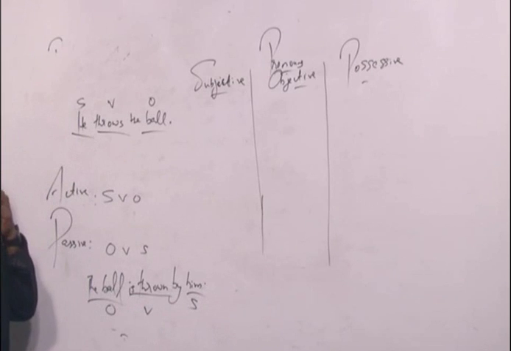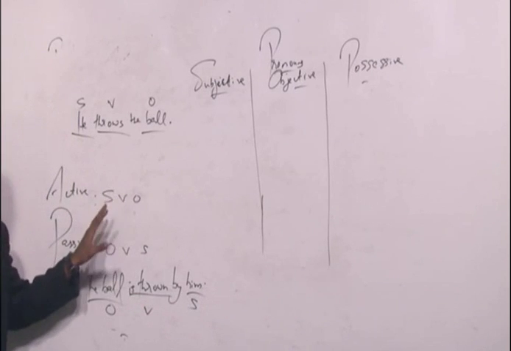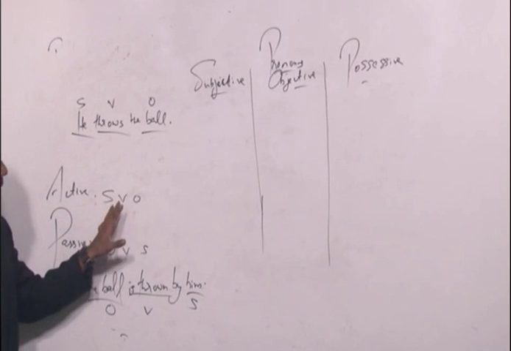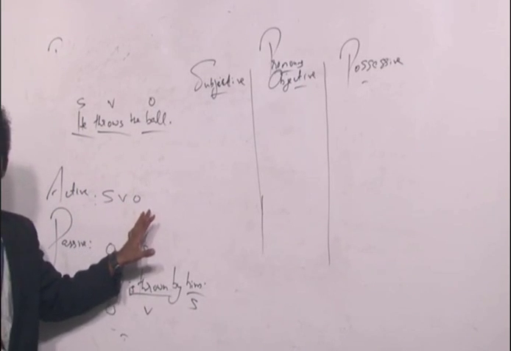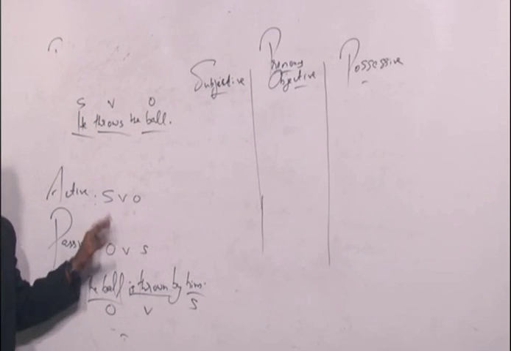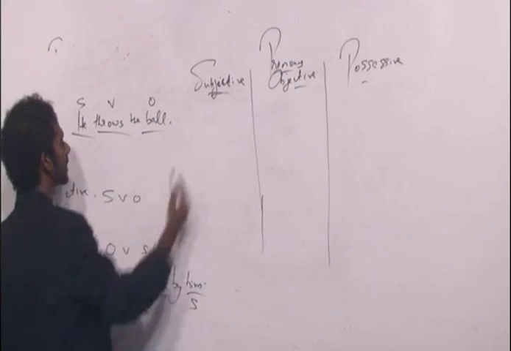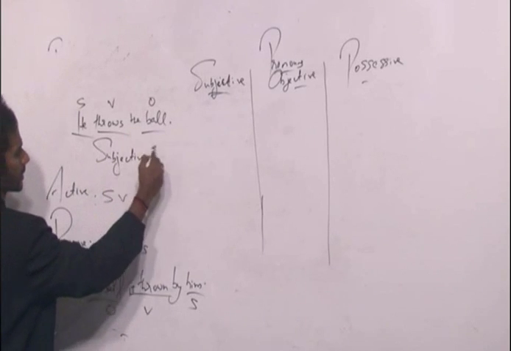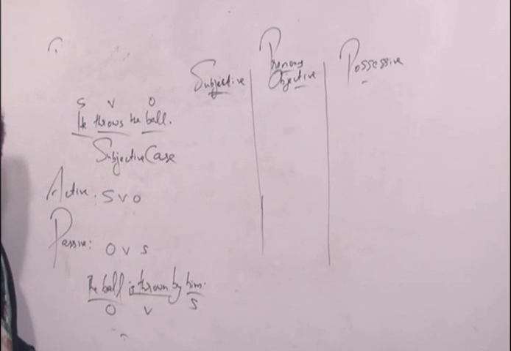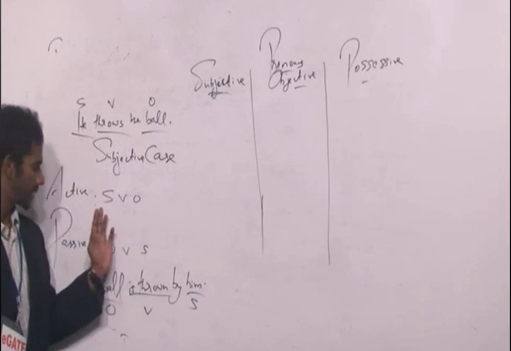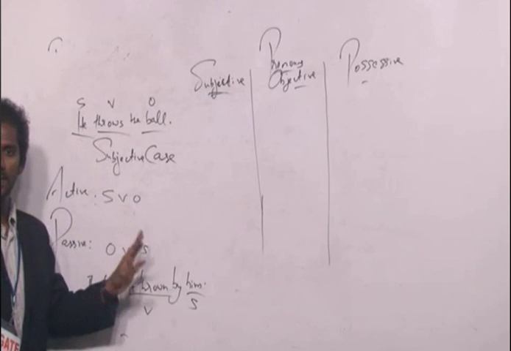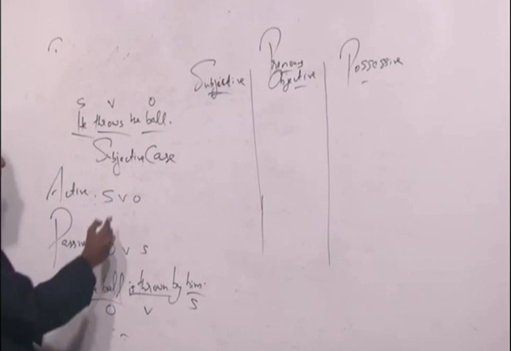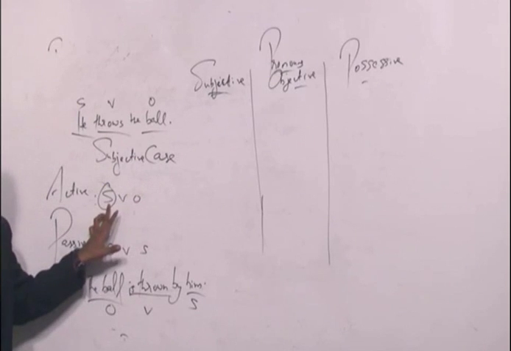Clear? Now, a sentence in the active voice. That means the order will be subject, verb, object.